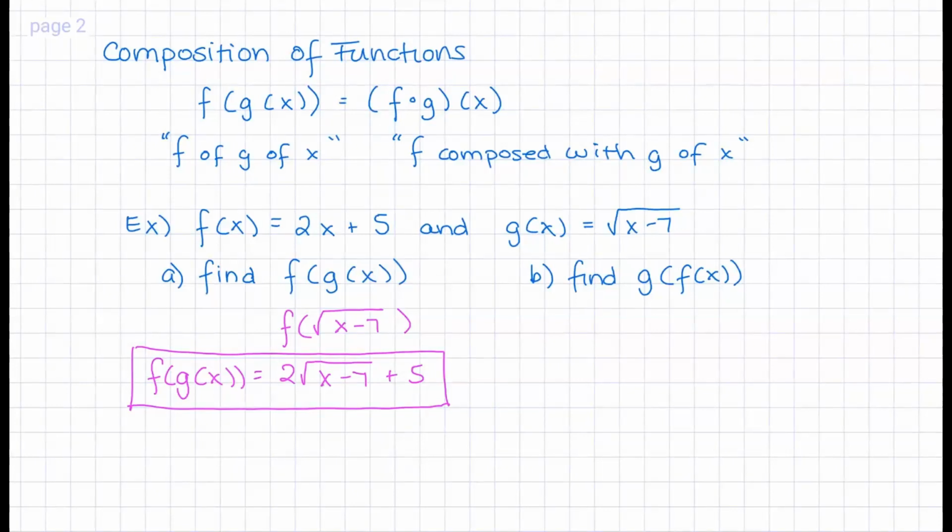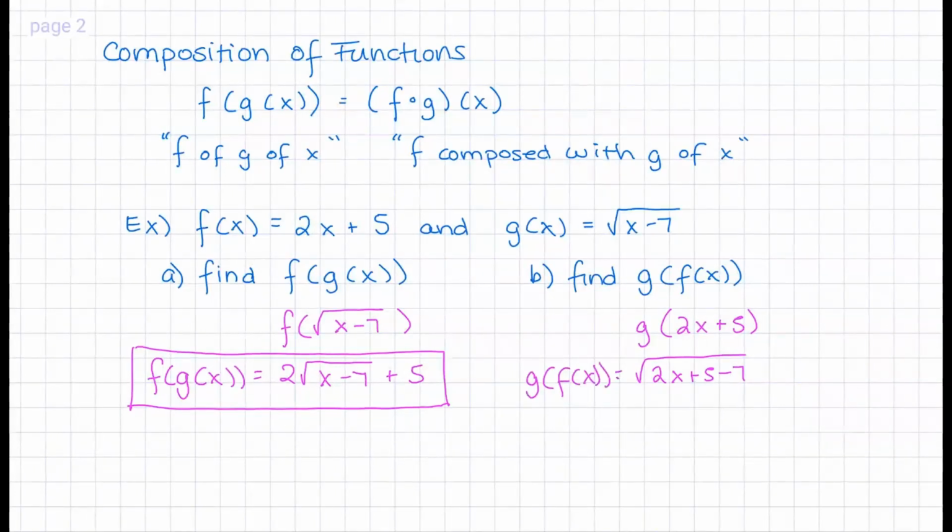Alright, so when you substitute in, the first thing you're going to replace f of x with what it is. And then you're going to put 2x plus 5 into the g function. So it's going to be the square root of 2x plus 5 minus 7. And that's g of f of x.